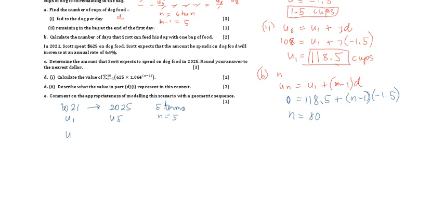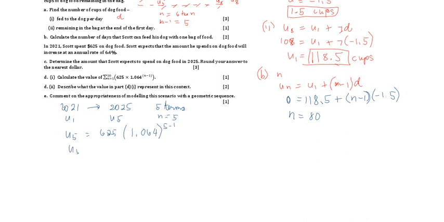So our u sub 5 is equal to 625, that was what was spent in 2021, multiplied by 1 plus 6.4%, which is 1.064, raised to n minus 1, 5 minus 1, or simply 4.